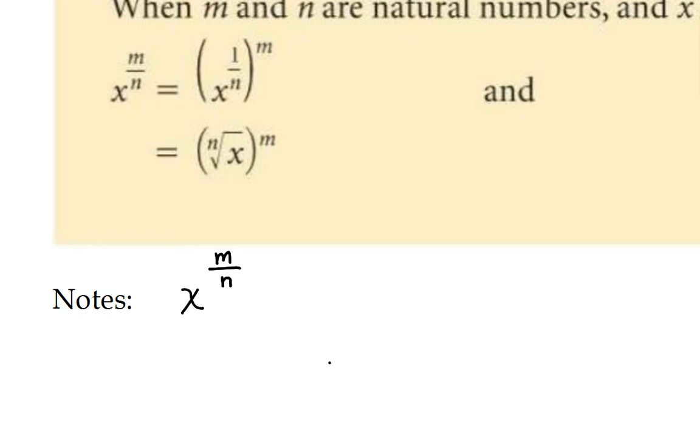So the power is a fraction. How that will look is the power as a fraction will become a radical.